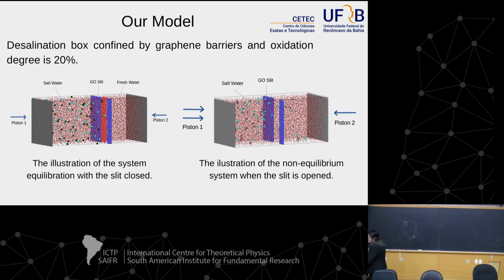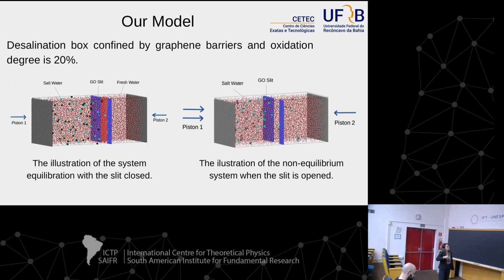So we have this model we use in the work. Here we have the illustration of the system equilibration with the slit closed. Here we have the NPT ensemble for equilibration, and we have the same pressure on both sides. After that, it has a different pressure, and the slit is open.